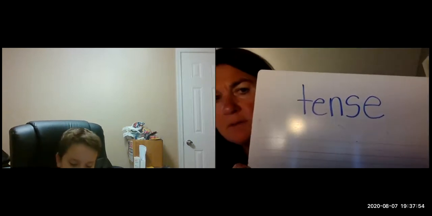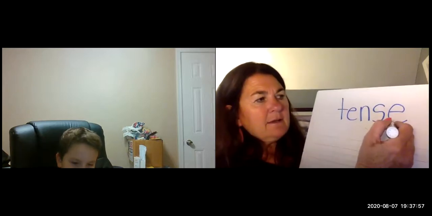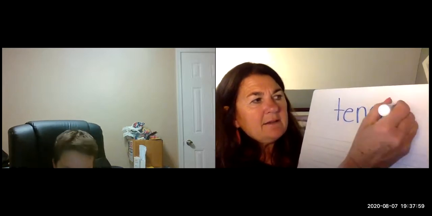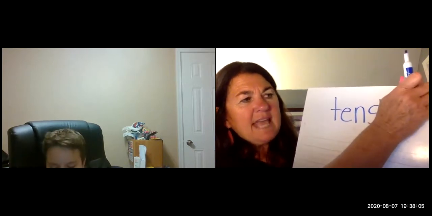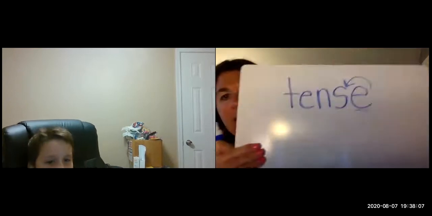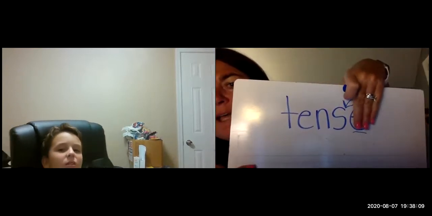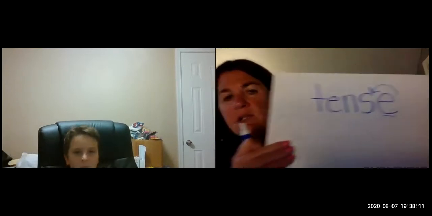Tense. Good. The E is needed after our S so people do not get confused and think we're talking about tens. We're not talking about tens and ones. We're talking about somebody that's tense, somebody that's all stressed out. All right, like me with my fifth observation, tense.